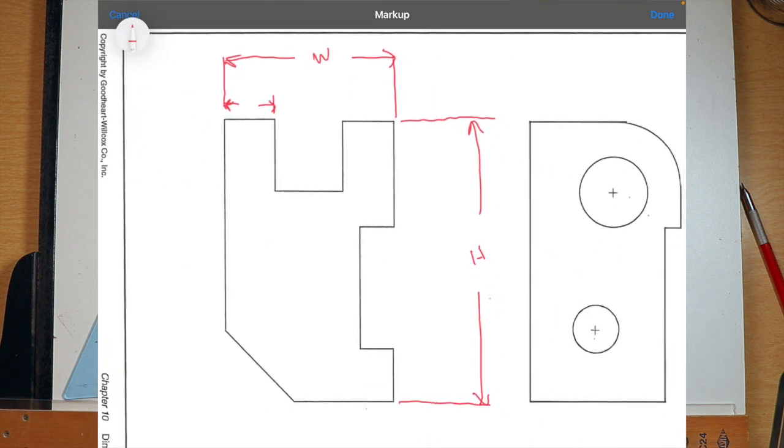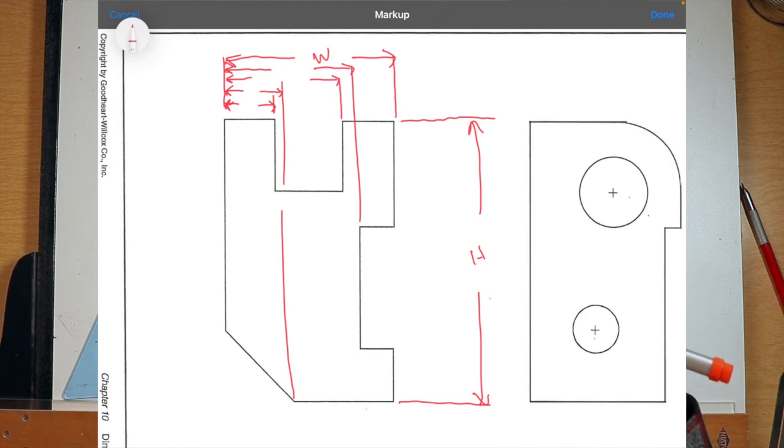Looking down, I'm also going to need this angle, so I'm going to extend up. I'm going to need the other side of this notch. I'm going to need this part of the notch. And then I already have my overall. So that is it for the widths.